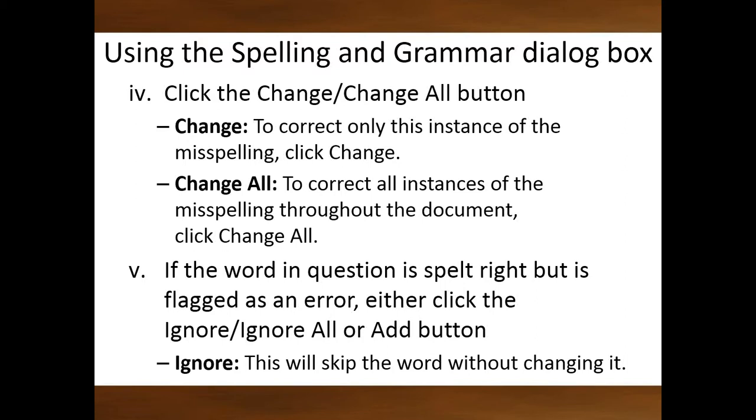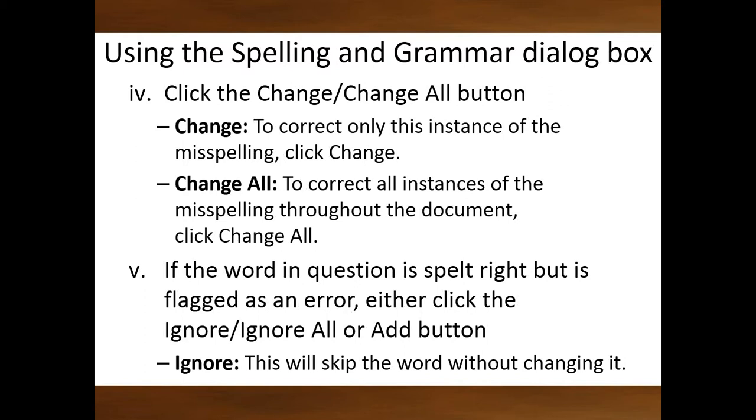So if you have 10 wrong spellings of that particular word, the program corrects all of them at a go. But if you choose Change alone, it will only change that identified wrong spelling without replacing the others that are in there. So you have to go one after the other to change it as well.